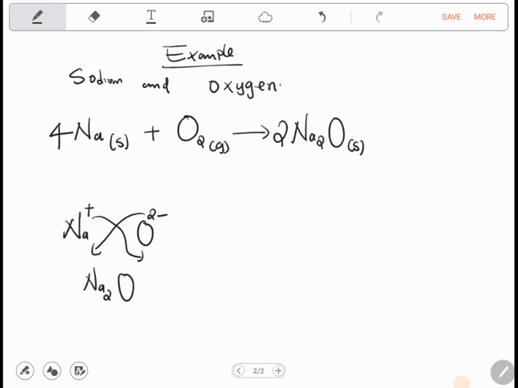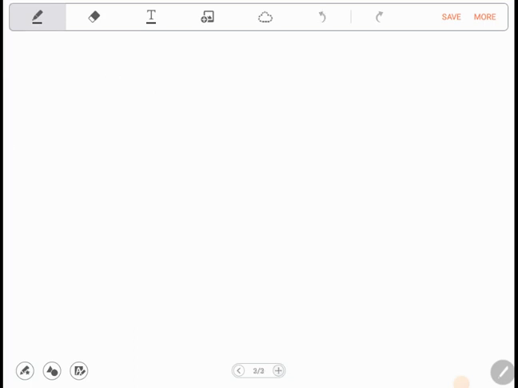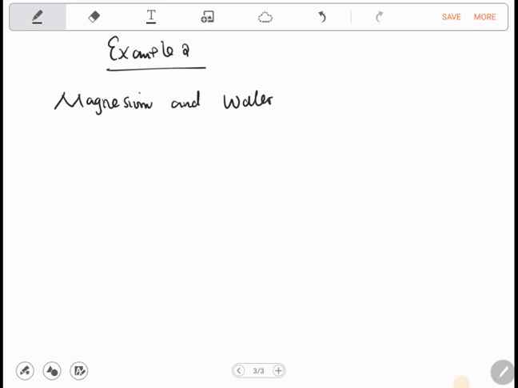Let's look at another example. Let's say I give you a question to write an equation between magnesium and water. Okay, magnesium and water.